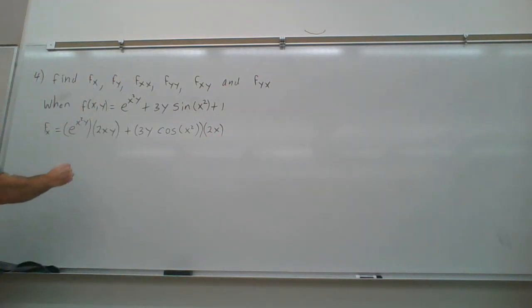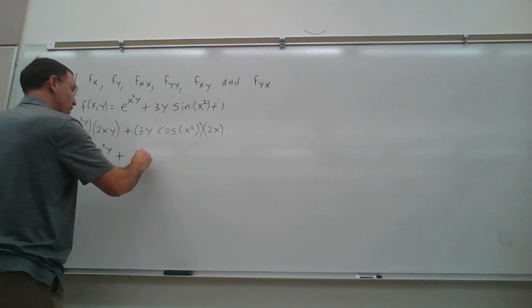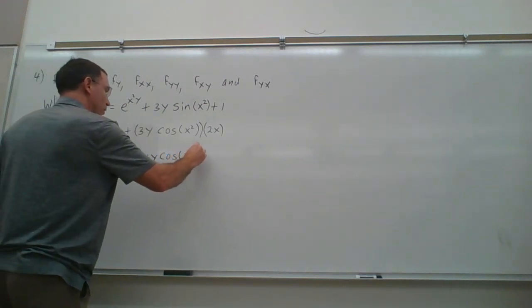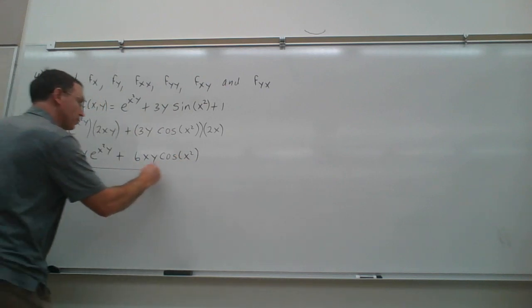So let's clean this up a bit. So this would be 2xy e to the x squared y plus 6xy cosine of x squared. So that's my fx. Let's box that.